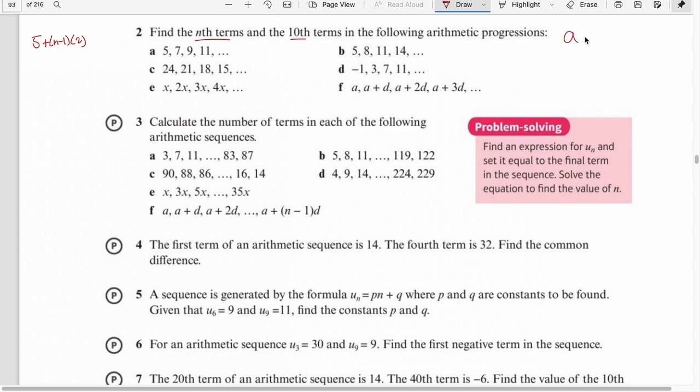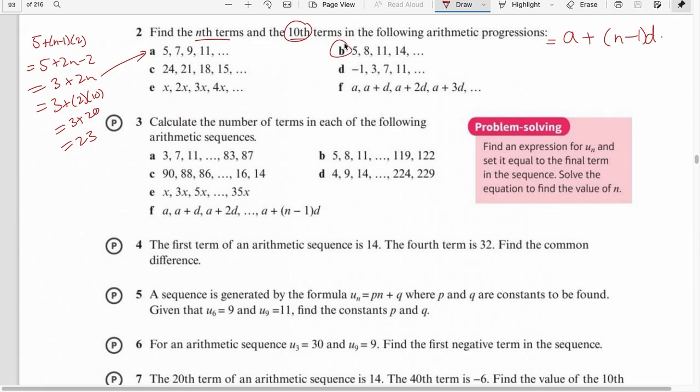I am using this formula a plus n minus 1 into d for each of these. So a is the first term, d is the common difference. So 5 plus 2n minus 2, 5 minus 2 is 3, 3 plus 2n. Now I have the formula for this sequence. And what is the 10th term? That is 3 plus 2 into 10. 3 plus 20 is equal to 23.